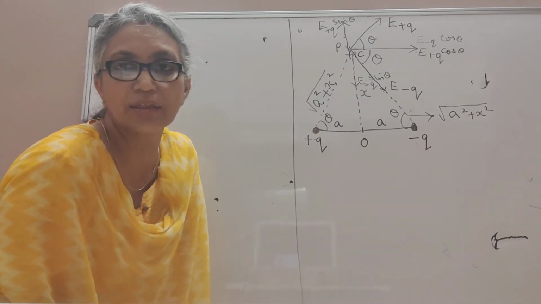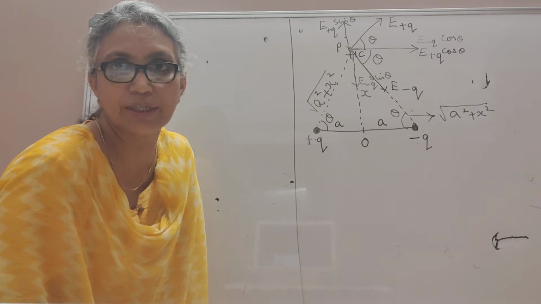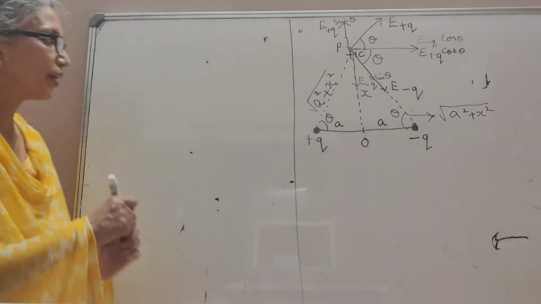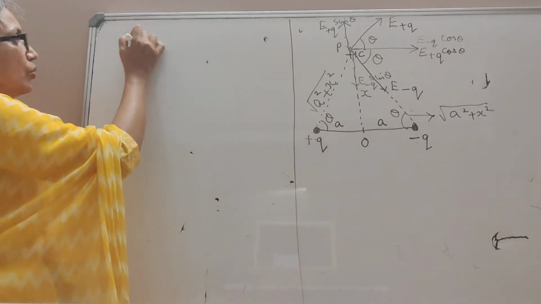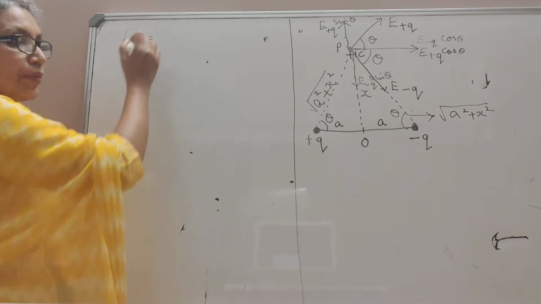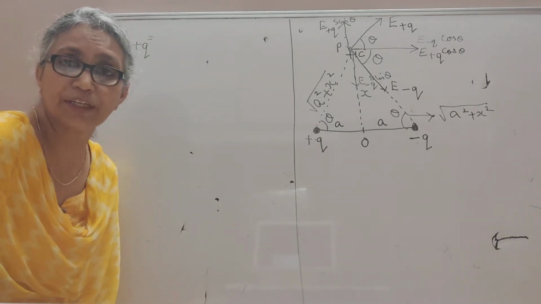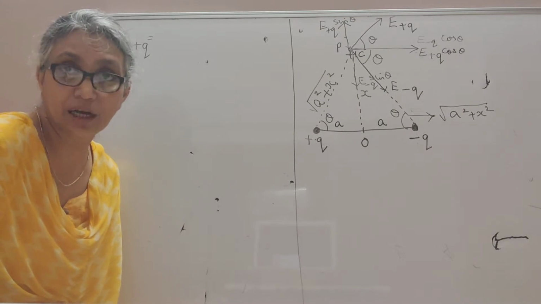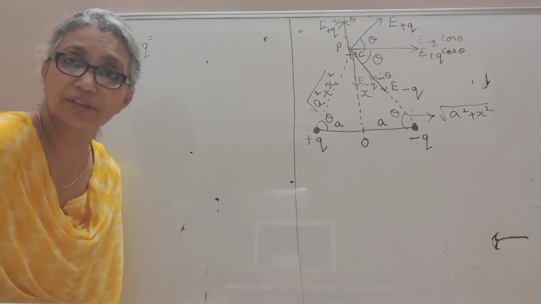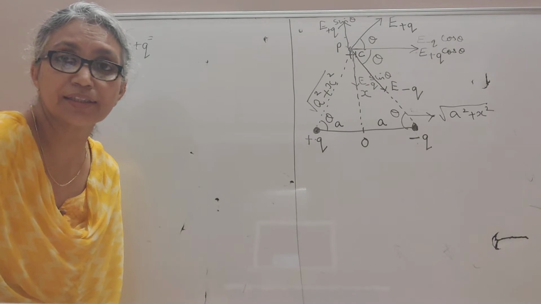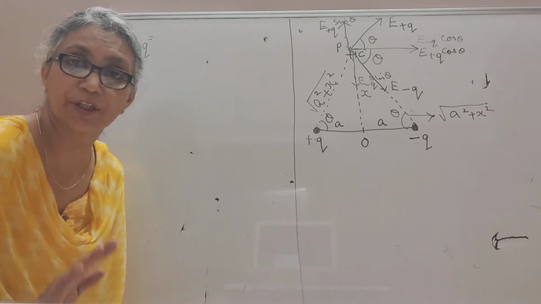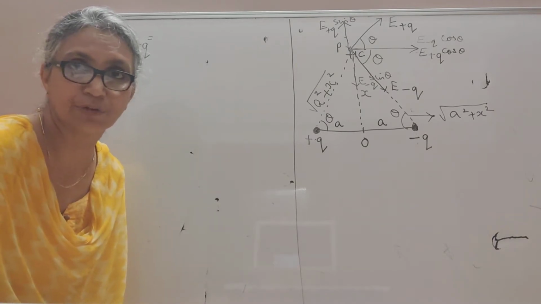Let us now write the equation for E plus Q and E minus Q. Do you remember the formula for the magnitude of an electric field? 1 by 4 pi epsilon 0 Q by R square, where Q is the source charge, R is the distance from the source charge to the point P where you are finding the electric field.